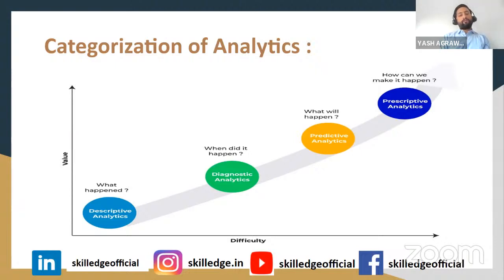Now we come to prescriptive analytics, where the difficulty level is high and the value proposition is the maximum, right? So this is how analytics is categorized into these 4 parts.